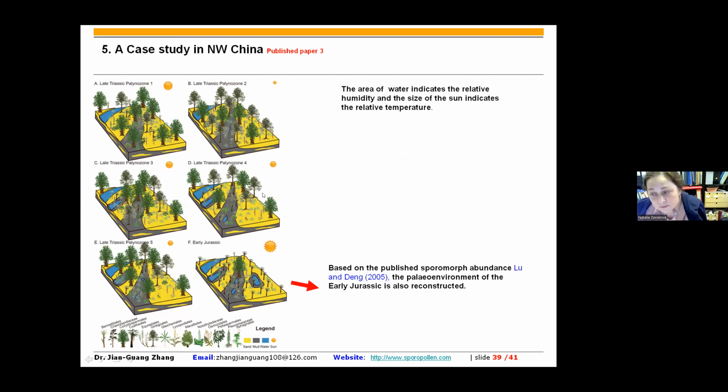Most of the plants in late Triassic disappear in early Jurassic. But the difference is that in China, the late Triassic is more dry.